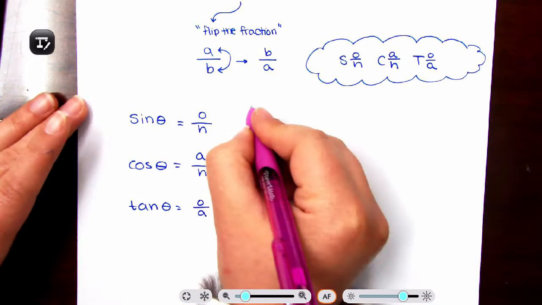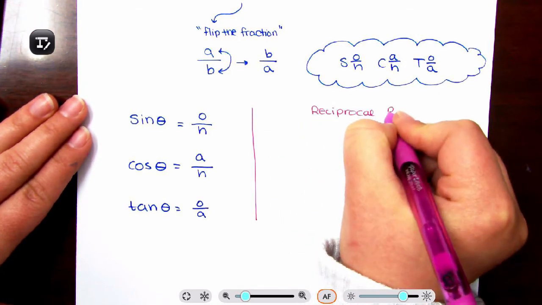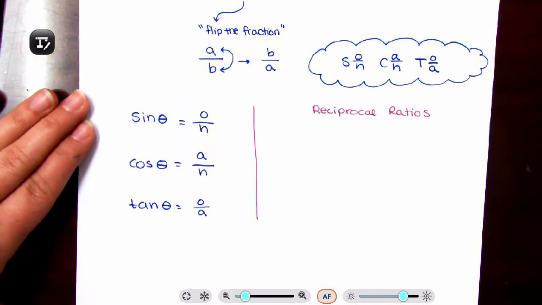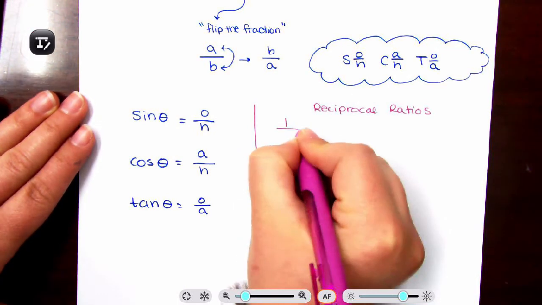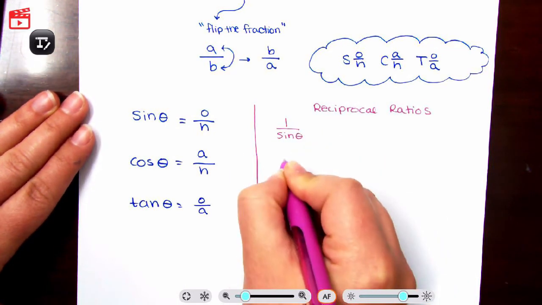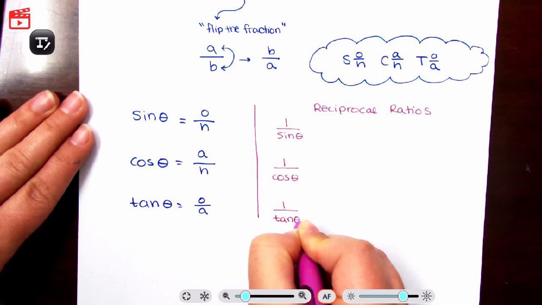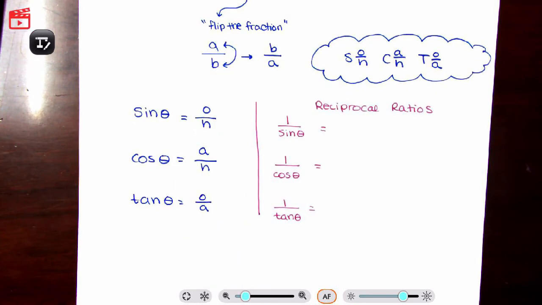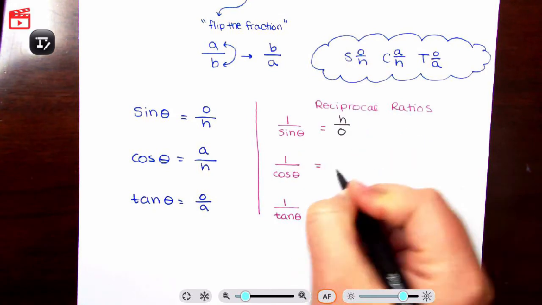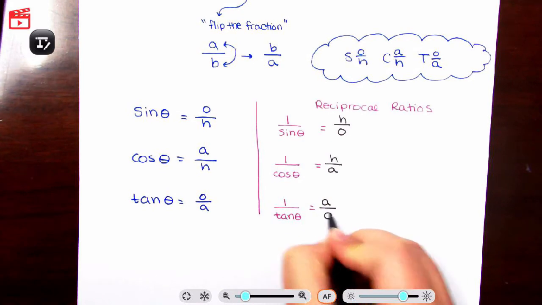The reciprocal ratios are us taking sine and flipping it, taking cosine and flipping it, taking tangent and flipping it. So if I flip sine, I have 1 over sine. If I flip cosine, I have 1 over cosine. And if I flip tangent, I have 1 over tangent. The fractions that I originally had also get flipped. So we have h over o, hypotenuse over opposite, hypotenuse over adjacent, and adjacent over opposite.